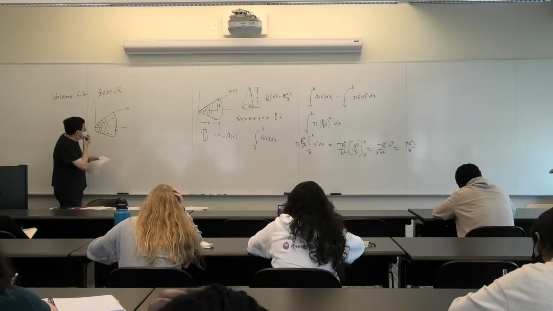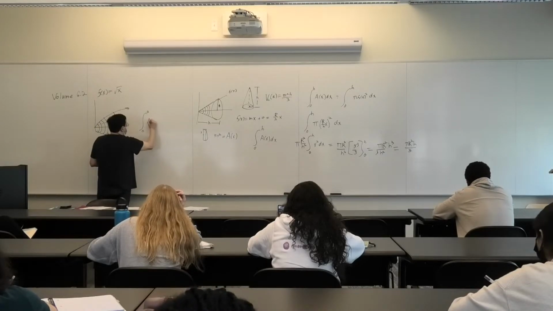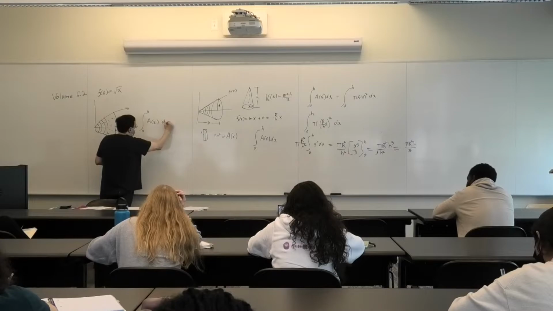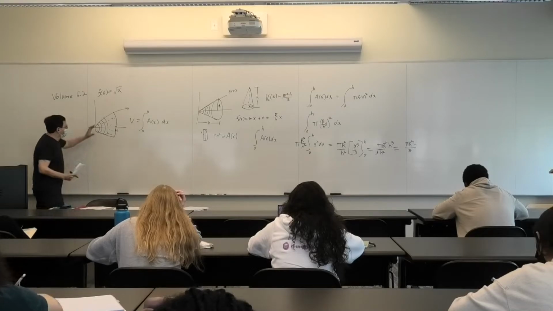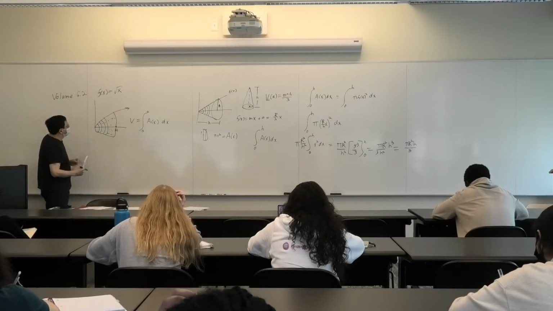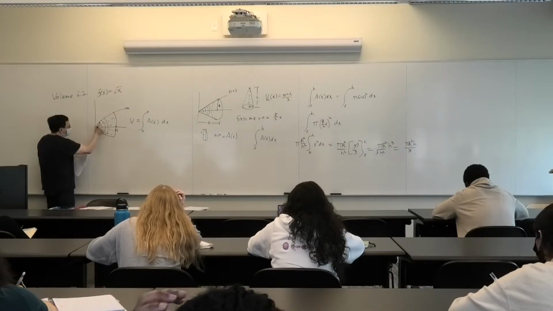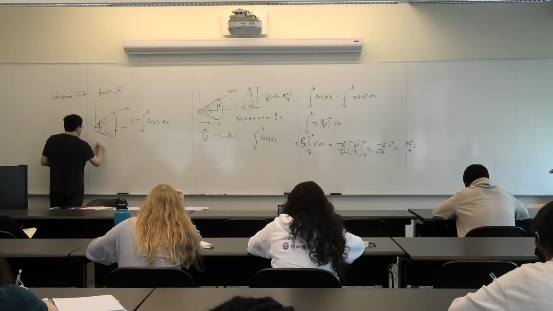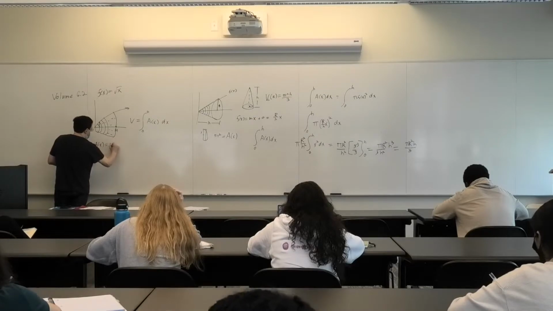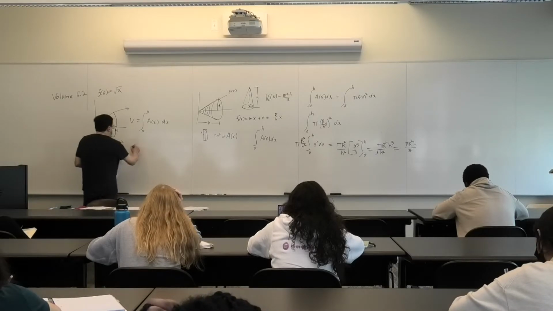So again, the setup is pretty simple. We're just going to integrate from 0 to h the area function. That will give us our volume. So we just have to figure out what the area function is. So here again, we have a circle. Its radius is going to be f of x. And the area is going to be pi times f of x squared, just pi r squared. So we plug this in.